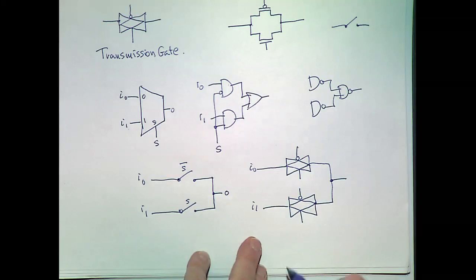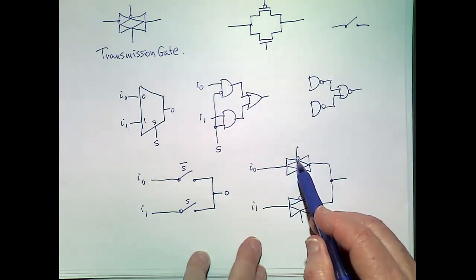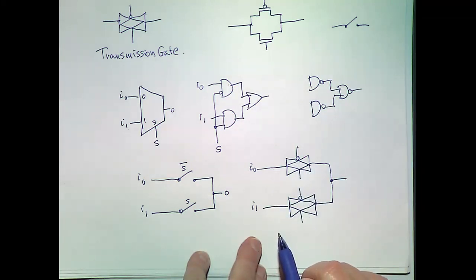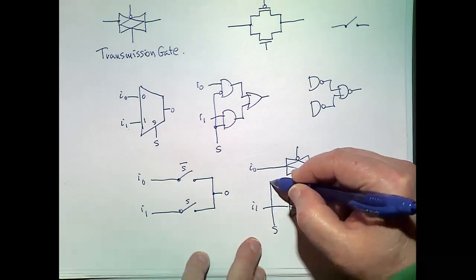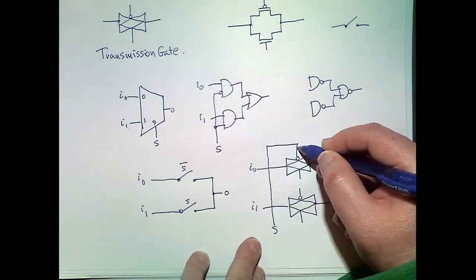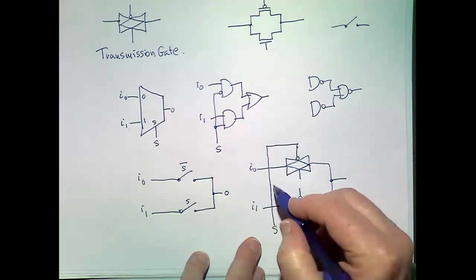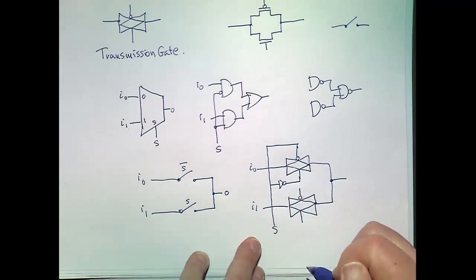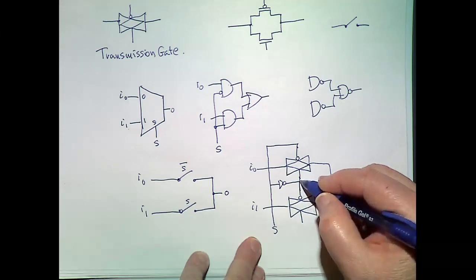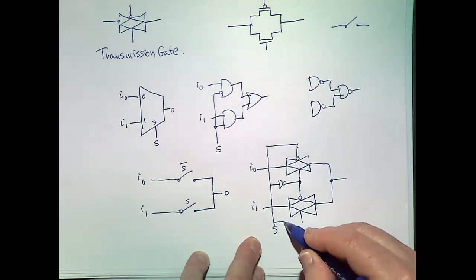Okay, so now I want this one to be on when S is 0. So I think what I'm going to do here is, well, I'm going to connect S to that one, and then I need an inverter for the other side. And that's just what I need for the bottom one, the other way.